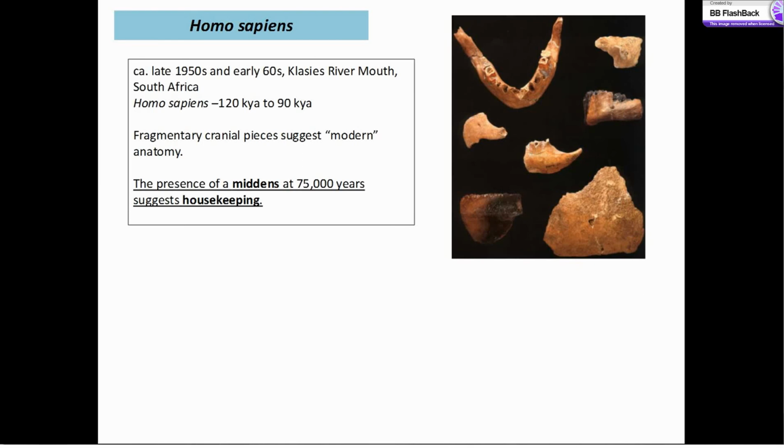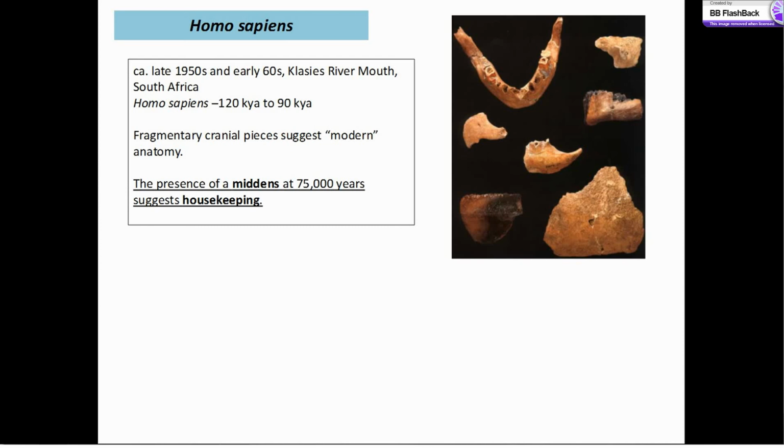These are some interesting finds. We get these from caves around the river mouth of the Klasies River in South Africa, dated between 120,000 and 90,000 years. They got cranial pieces, and you could tell a lot from some pieces of the cranium, right?